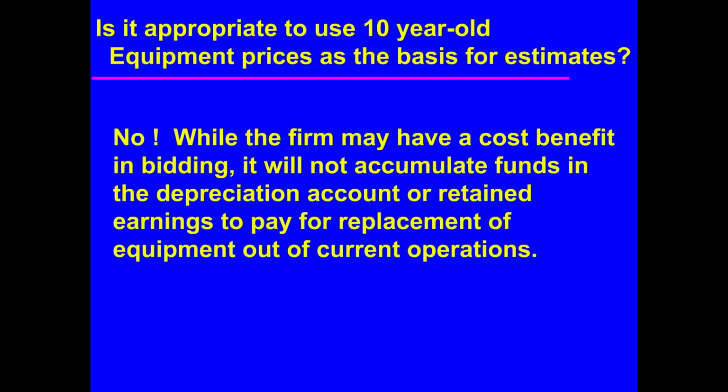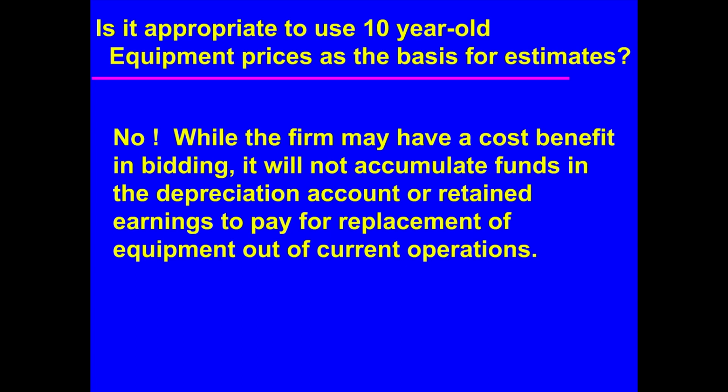And I mentioned before that when I ask loggers about the money they have in the depreciation account, most of them are empty. It's because they're having to use them for operating costs for their business, because they're not properly estimating or using a cost when they're pricing their machines. And that's a real problem.